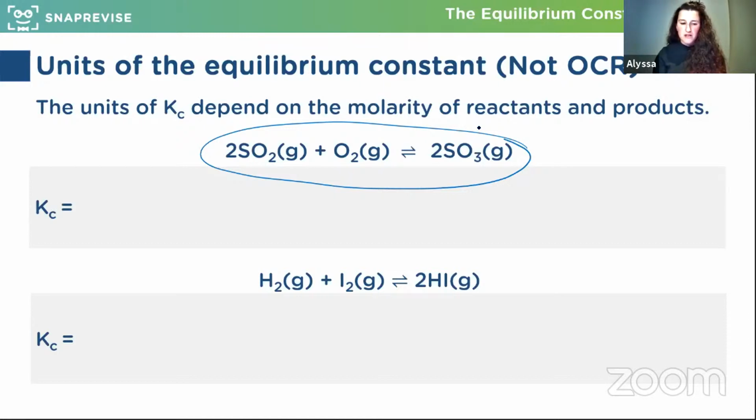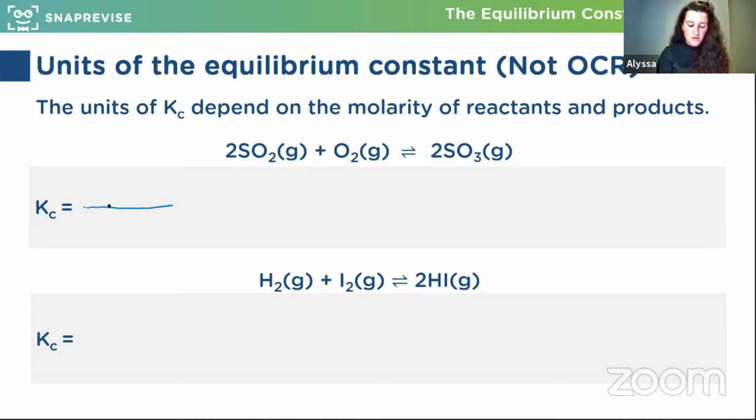We do products over reactants. So we need the concentration of products to the power of whatever it is over the concentration of reactants to the power of whatever it is. Very nice. Lovely. And then we're going to have a look at doing our units as well. So let's just write the expression for Kc first.